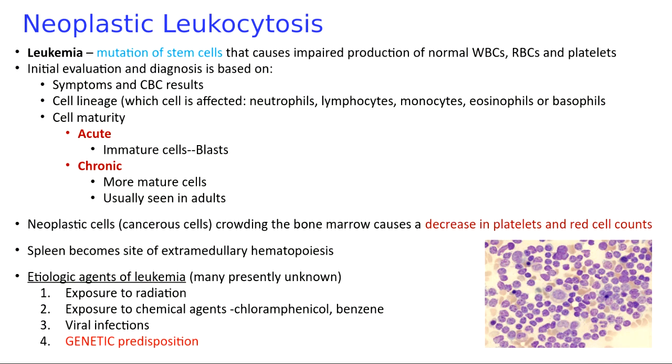And what causes leukemia? Well, we really don't know. There's association of leukemia with some viruses, with environmental factors, and with genetic predisposition. So there's a lot of different things that can make us unlucky enough to get leukemia.